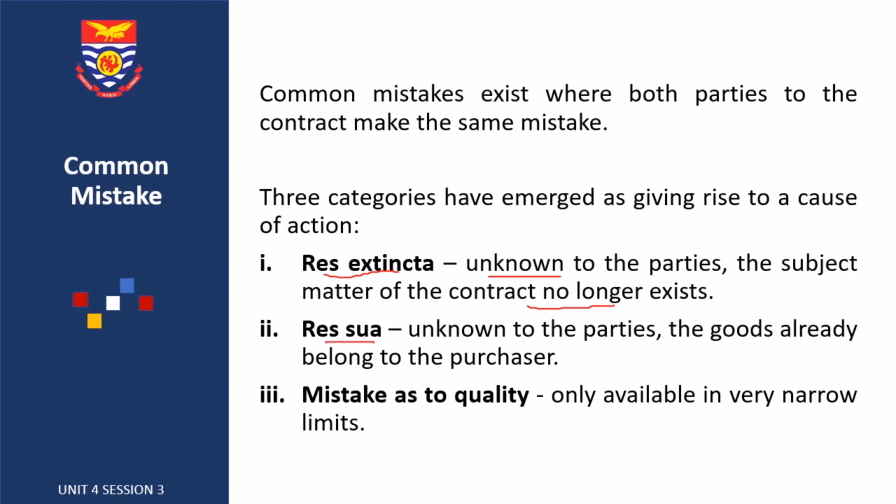Res sua: here the purchaser is the original owner of the property in question, but this fact is unknown to both parties. So for instance, if your father has many houses and one of the houses has been registered in your name, but you don't know, and your father has appointed an agent to deal with those houses, you meet this agent and you purchase the house.